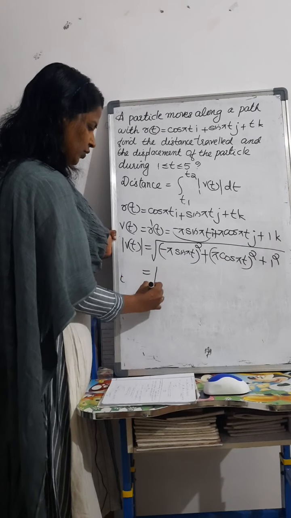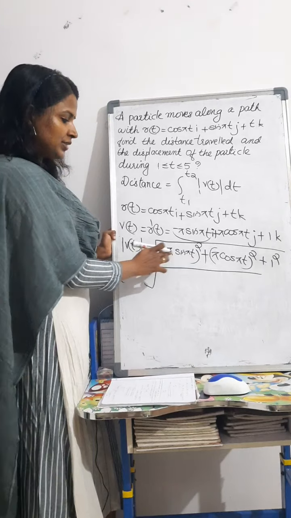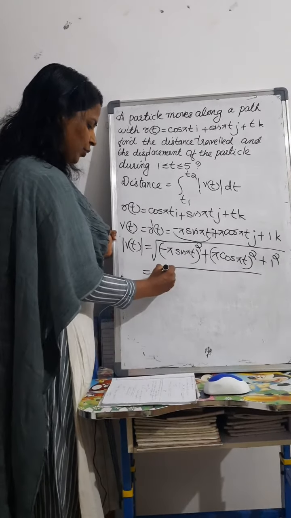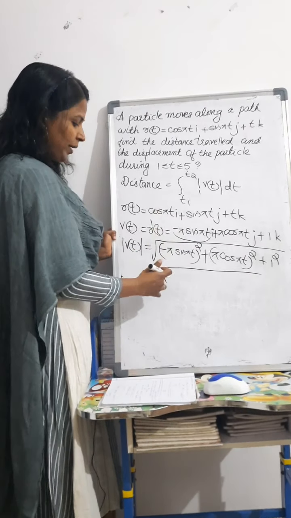That is equal to the square root of, listen, minus pi sin pi t whole square: minus pi into minus pi is positive pi square.